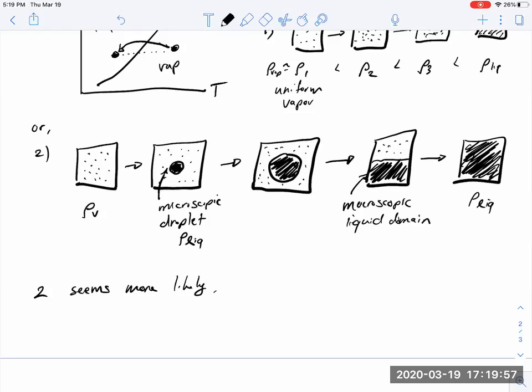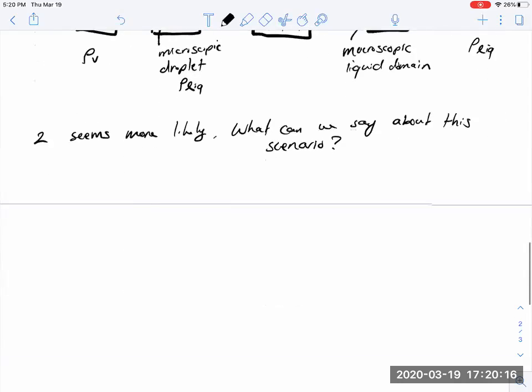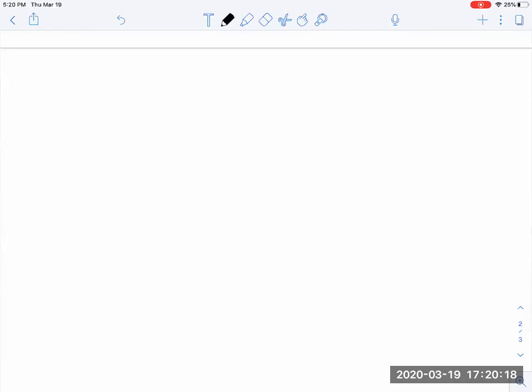So what can we say about this sharply? Okay, so let's do a calculation. Let's imagine we have a small droplet in the vapor at fixed temperature, pressure, and number of molecules.